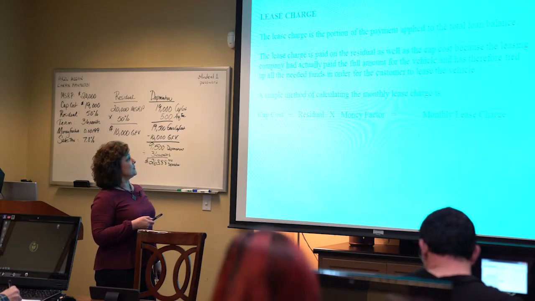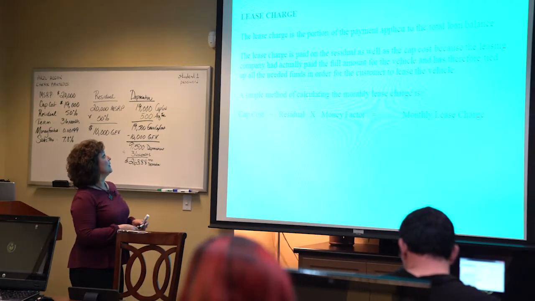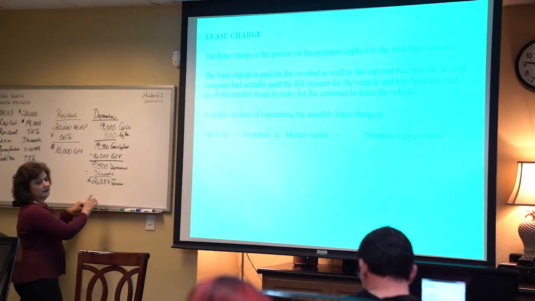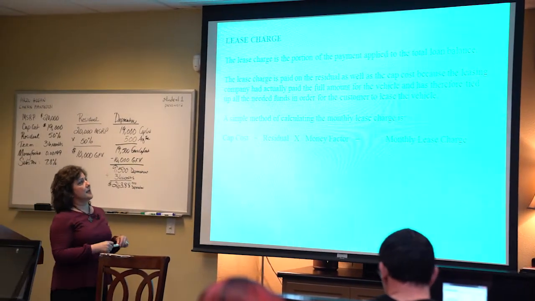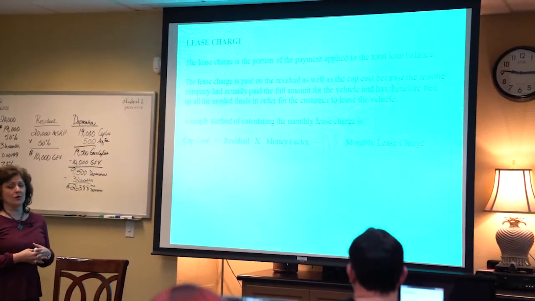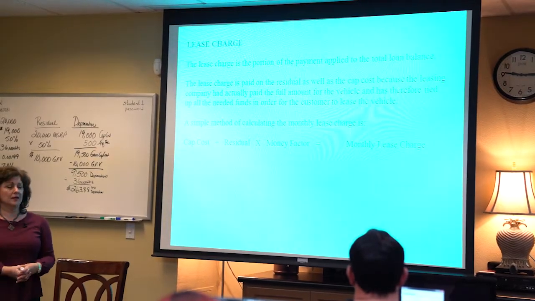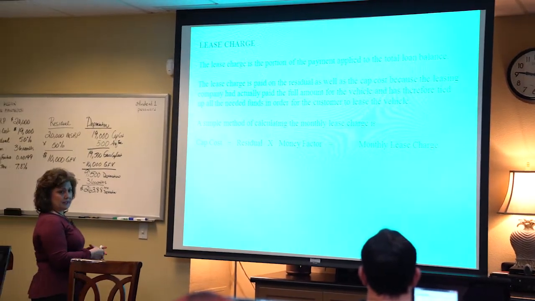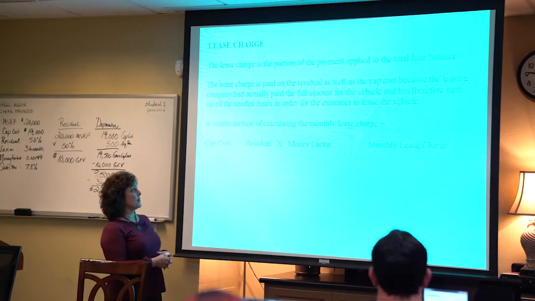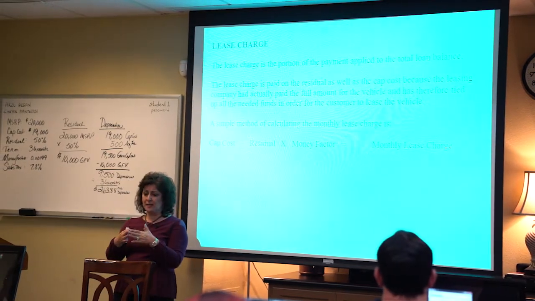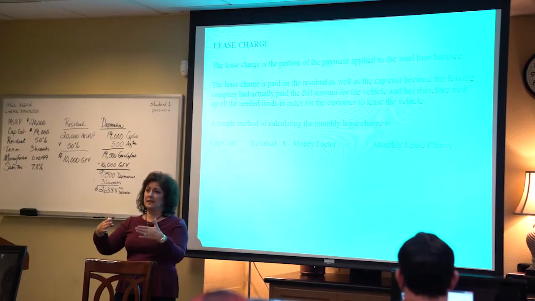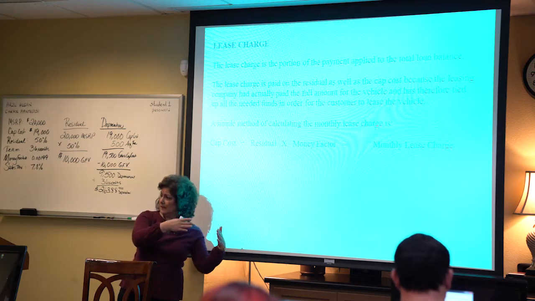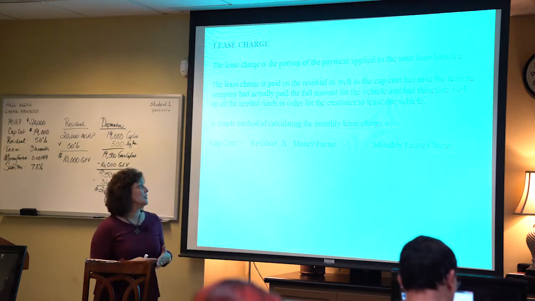Okay, so as we look at it, when I calculate the lease charge, it is applied to the total loan balance. So for instance, it's paid on the residual as well as the cap cost, because the lender has tied up all of that money waiting for the lease to go to termination.